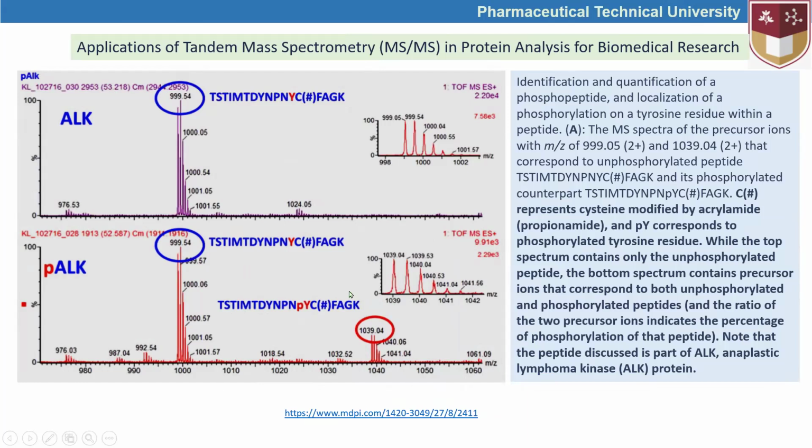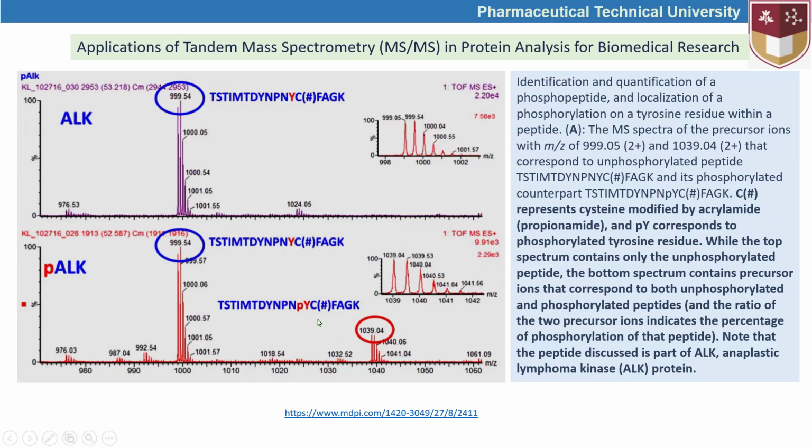Okay, and in this work, the authors were able to find the differences between the molecular masses of two fragments, and they made a conclusion that tyrosine holds a phosphate group in this position, because they found that between this molecular mass and this molecular mass, these two peaks differ from each other by the phosphate group.